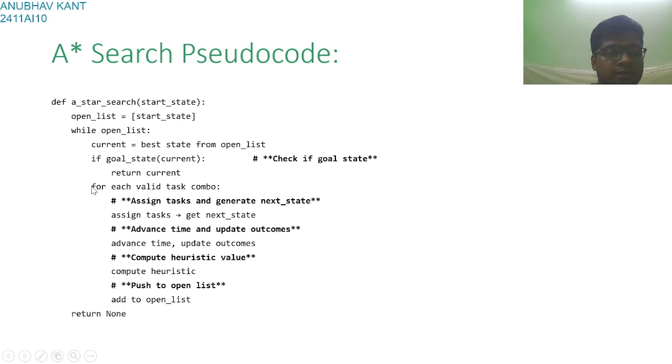And for each valid task combination, we assign the task and move it towards the next state. During this process, we advance the time and update outcomes. We then compute the heuristic, and add the new node to the open list.